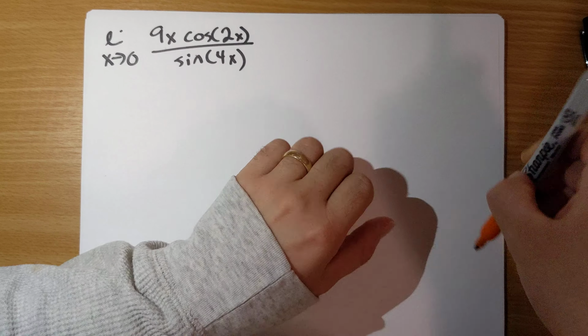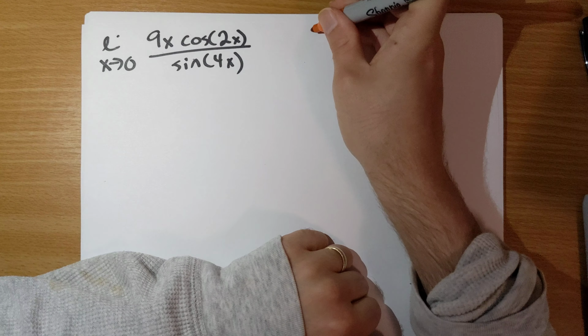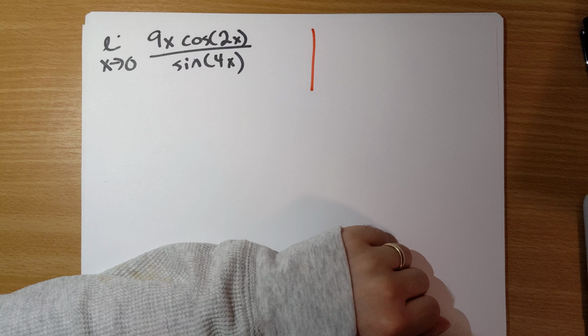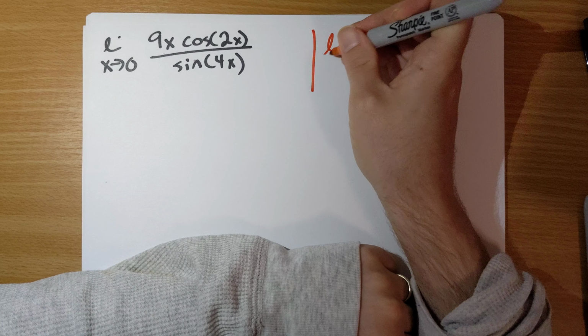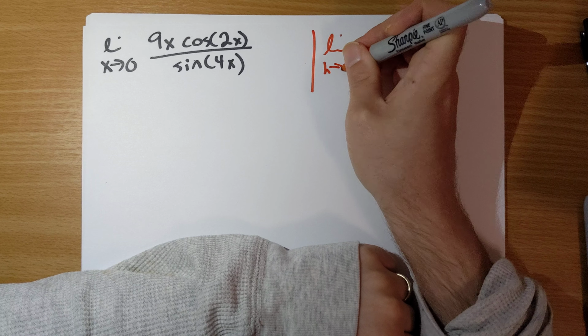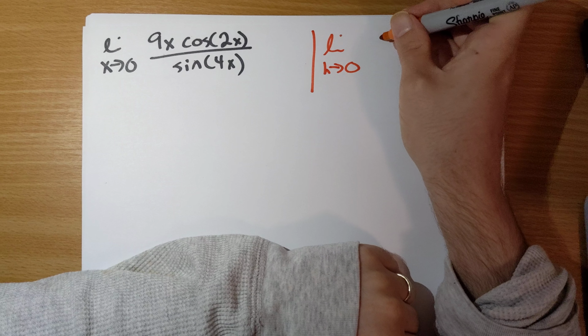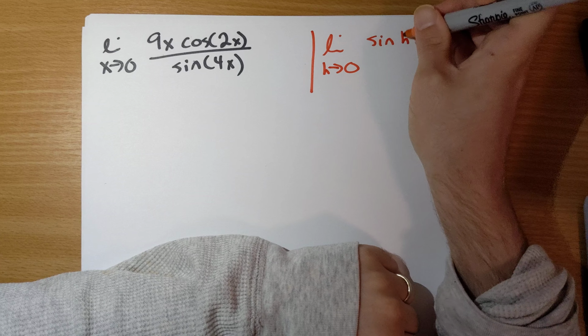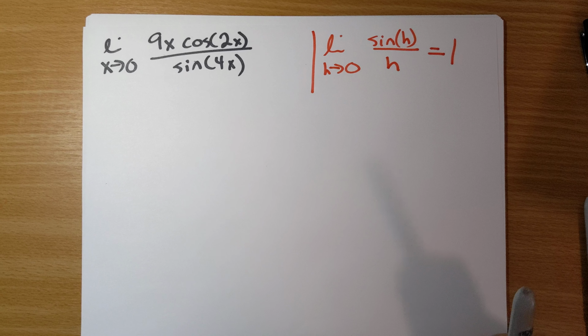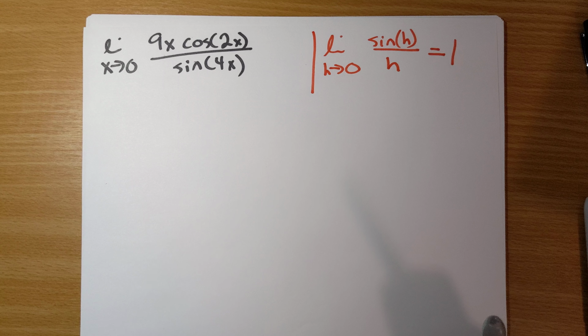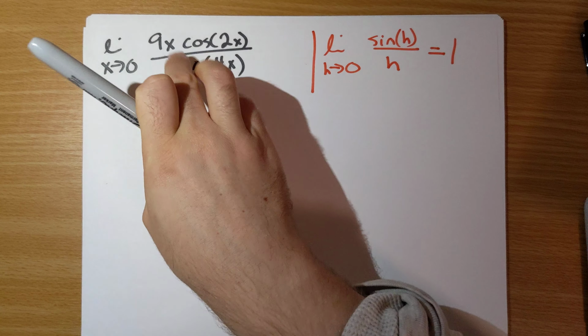Okay, so what to do here? Let me do a little bit of sideboard work. We need to recall the following important limit: the limit as h goes to 0 of sine h over h is equal to 1. Now, I can make a substitution here to make this look more like our problem.